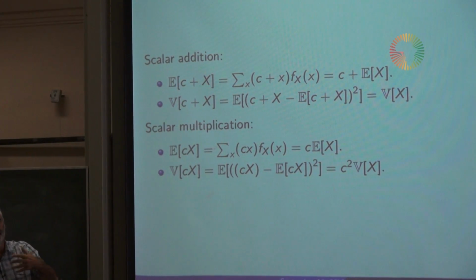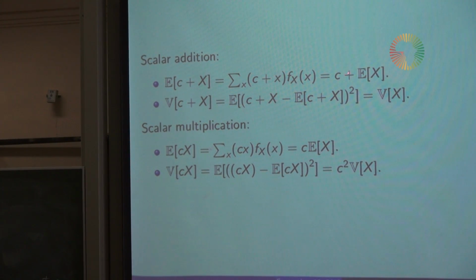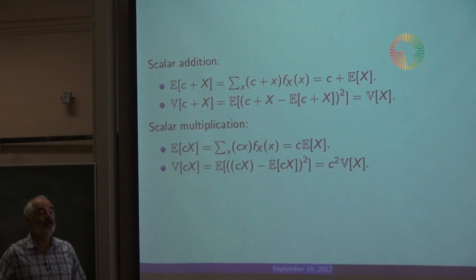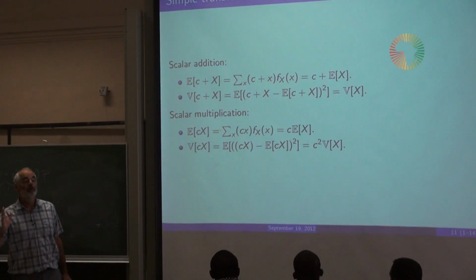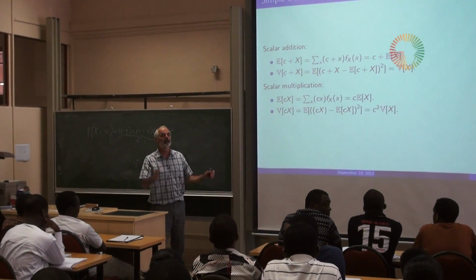You can think of it as a linear transformation of the variable, which makes exactly the same change to the expectation. In contrast, if we add a constant to a variable and calculate its variance, the c's cancel out and it makes no change to the variance. Here c is any scalar constant, just any number.